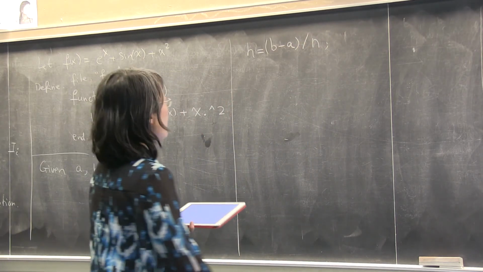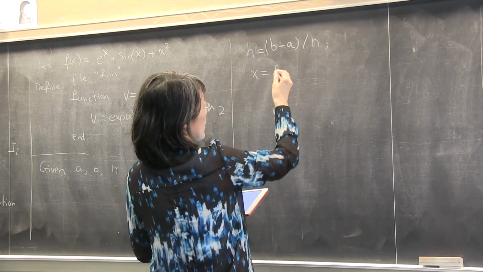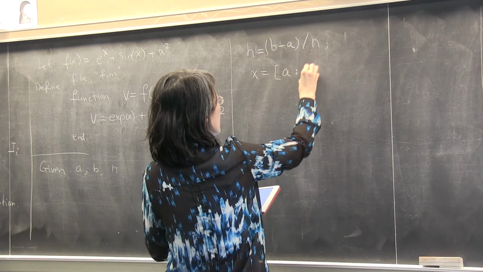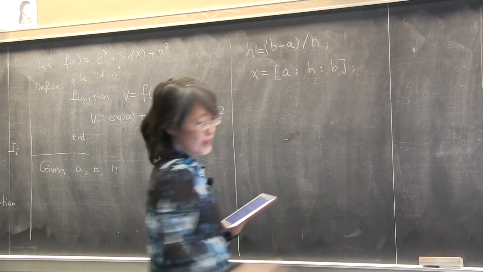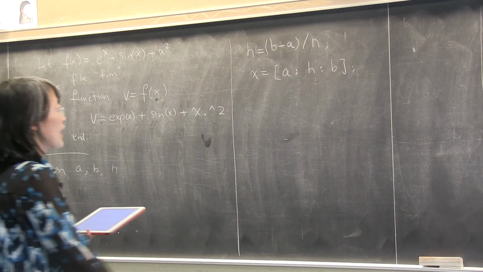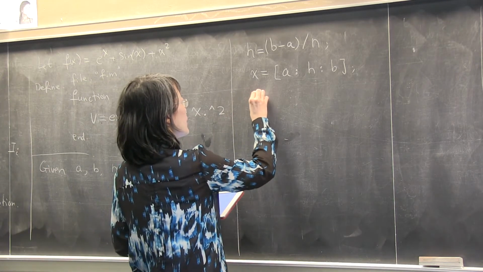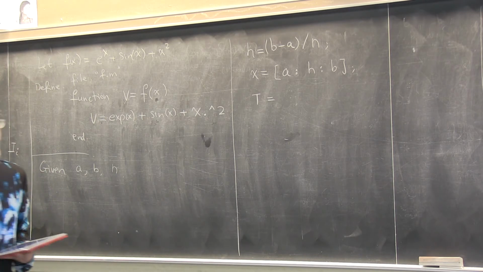Okay, and then probably you want to set your x vector. You can use linspace, or you can use this A, h, B. That gives you a vector of length n plus 1. And then the value will be returned in this variable called t. I'll store the integral in the t.